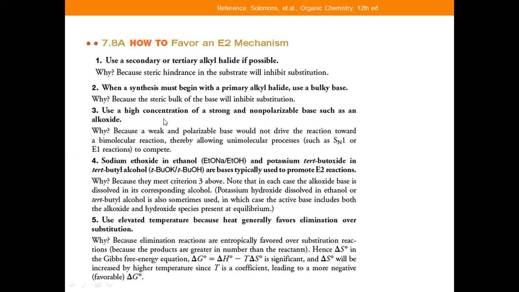We also use a strong, highly concentrated, non-polarizable base. Why? Because a weak and polarizable base would not drive the reaction towards a bimolecular reaction, thereby allowing a unimolecular process.